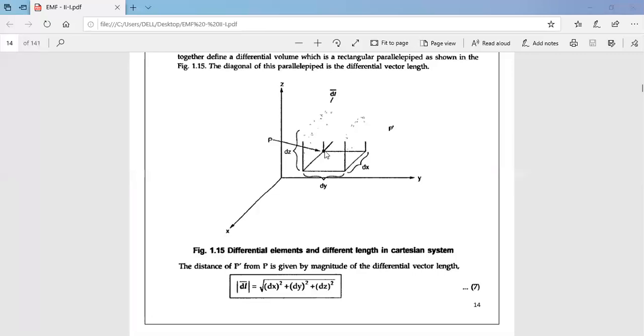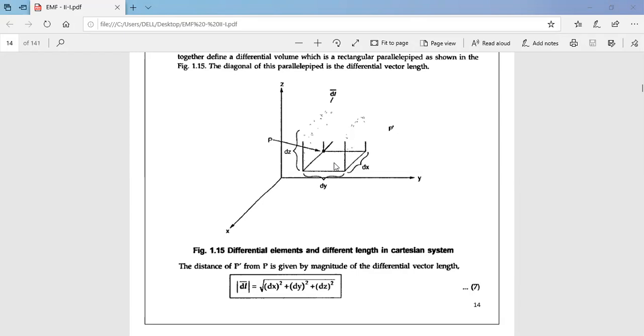We also have differential surface. Okay? Now, you have 6 surfaces in a cube, right? The front, the rear, the 2 sides, the top, and the bottom. With me?